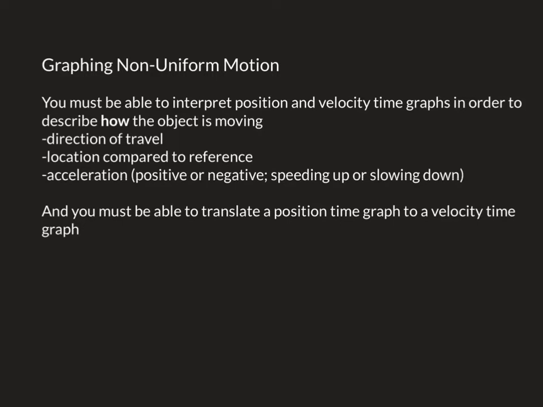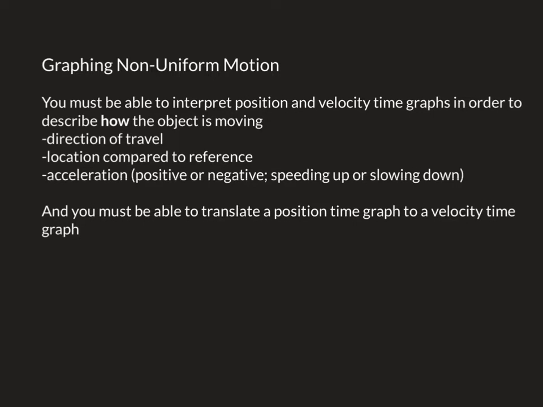Remember that graphs just tell us the story of how something is moving, and what you need to be able to do is interpret from the graph, looking at various parts of the graph, the story of that object. So some of the things you need to be able to tell me from a graph, some of which we've already done, is which direction the object is moving in. And we can tell that from its velocity, right? If its velocity is positive, it means it's heading up, or to the right, or to the east, or north.